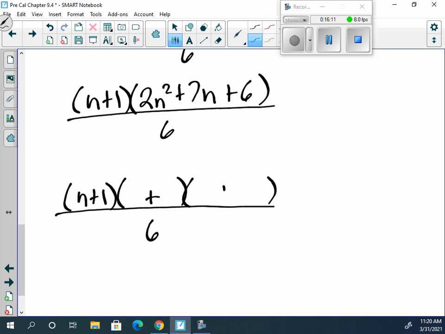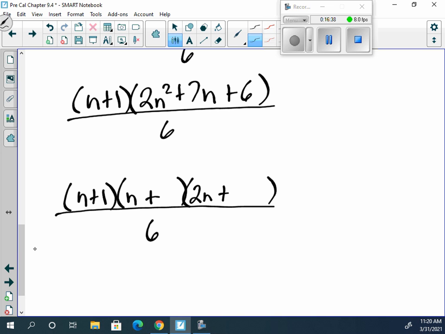Since the 6 is positive, we're going to have plus and plus. I'm going to put 2n and n. I'm doing it this way because what we wanted to show, we had n plus 1, n plus 2, and then 2n plus 3, because we had n, 2n. So I'm kind of keeping it in that same pattern.